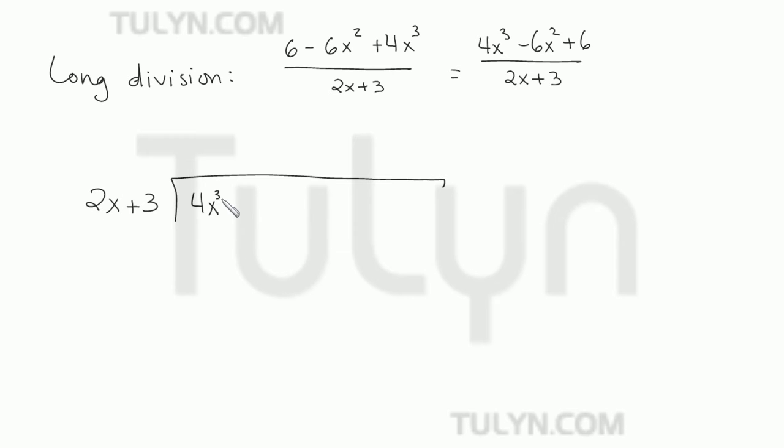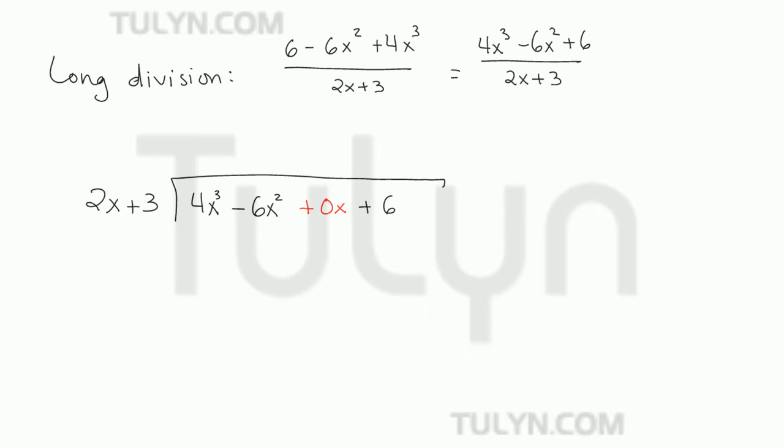What this will do is put all the same types of terms in the same column. So we want to put 4x cubed minus 6x squared, and then add a plus 0x, which, since it's multiplied by 0, we're not changing anything. It's still going to be 0, but it'll help us better organize the process.